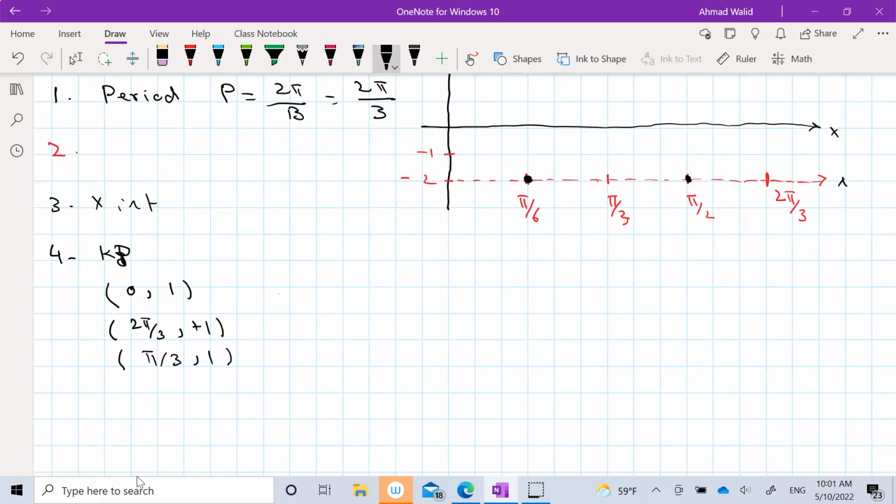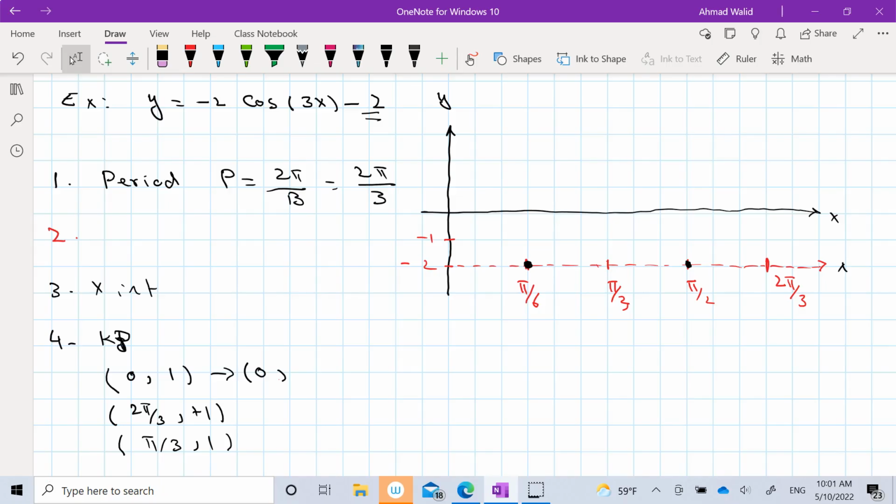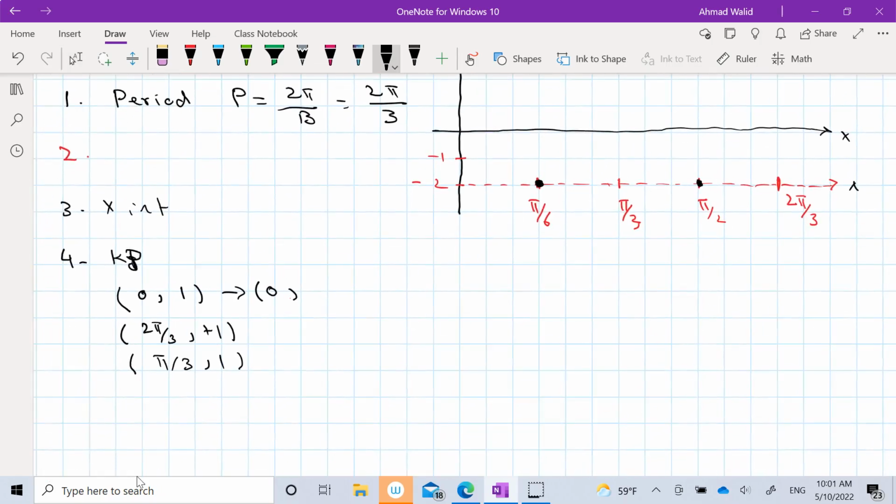But you need to now find the new key points, correct? You multiply your output with the amplitude. It means 0, comma, what is my amplitude? What is A? Negative 2. Negative 2 times 1 gives you negative 2. Here, 2 pi over 3, comma, negative 1 times negative 2 gives you positive 2.